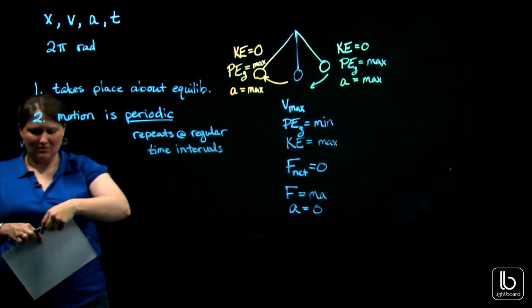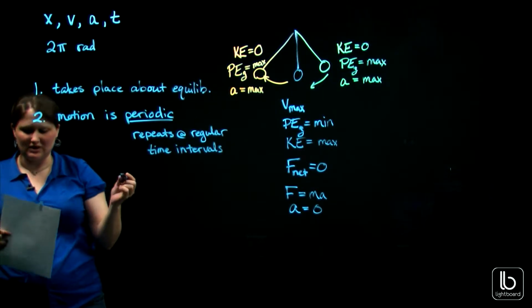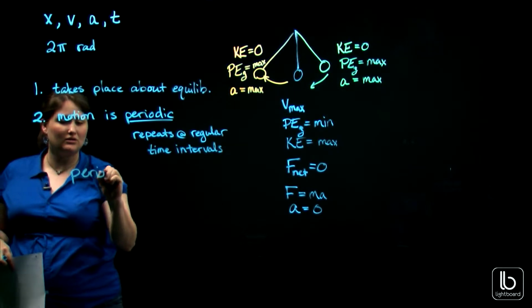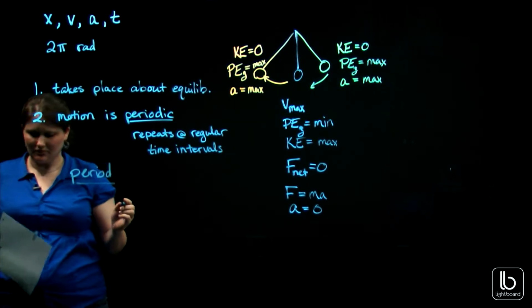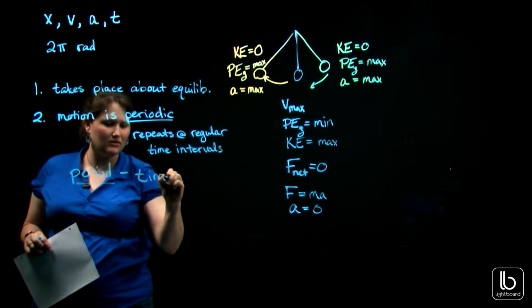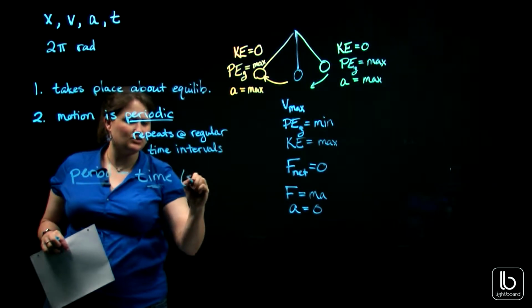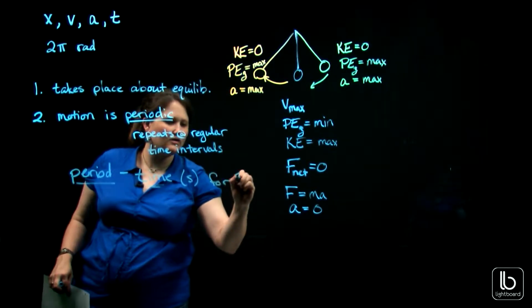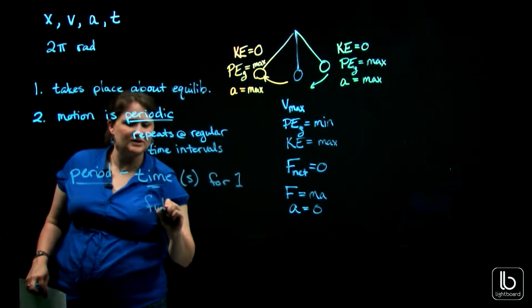And when we're talking about periodic motion, there's a couple of terms that we need to define. One would be the period, and the period is the time measured in seconds for one full cycle.